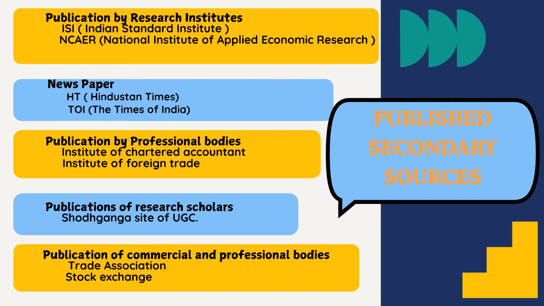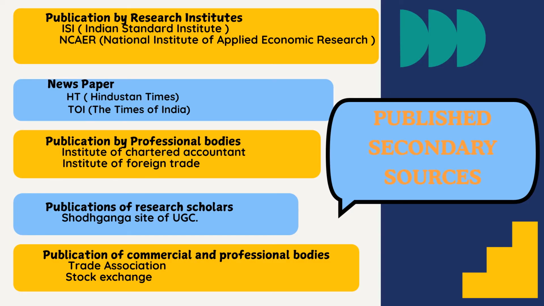The 7th published secondary source available to us is the newspaper. There are many types of different newspapers that we know: Hindustan Times, the Times of India, or any other local newspaper that you read daily. The 8th published sources that we have are the publications by the professional bodies.